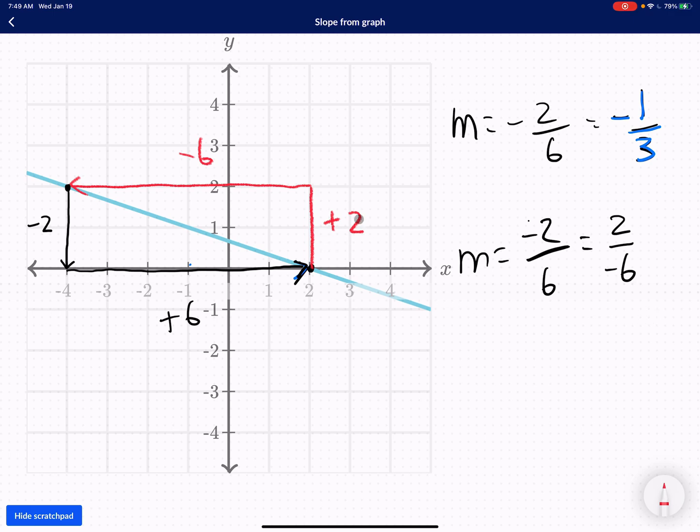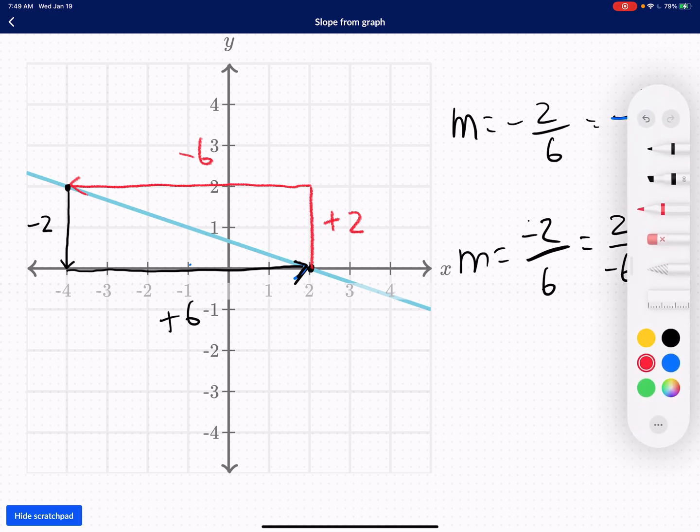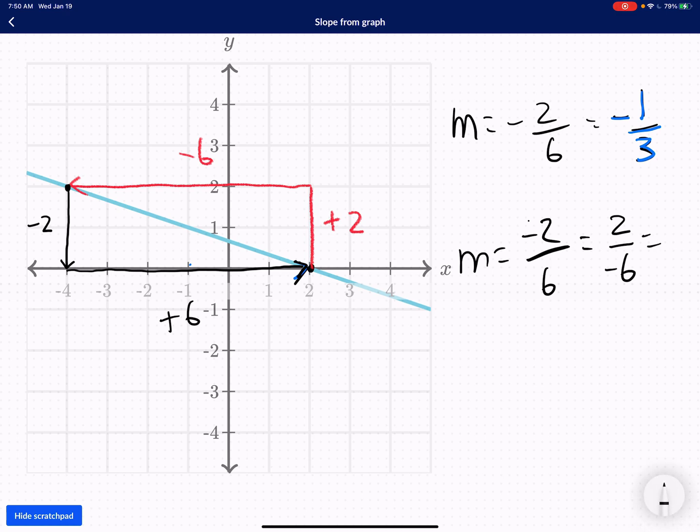You see, if I go +2 over -6, it gives me the same line, the same slope. That's why -2 over 6 is the same thing as 2 over -6, right? Which is basically, if you want to rewrite it, the same thing as just -2 over 6, which is the same thing as -1/3.